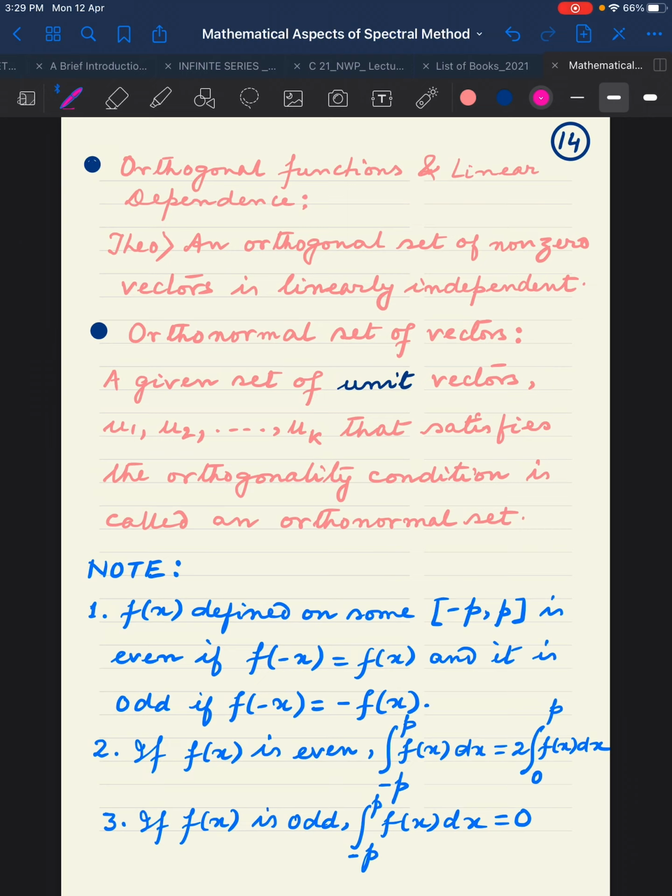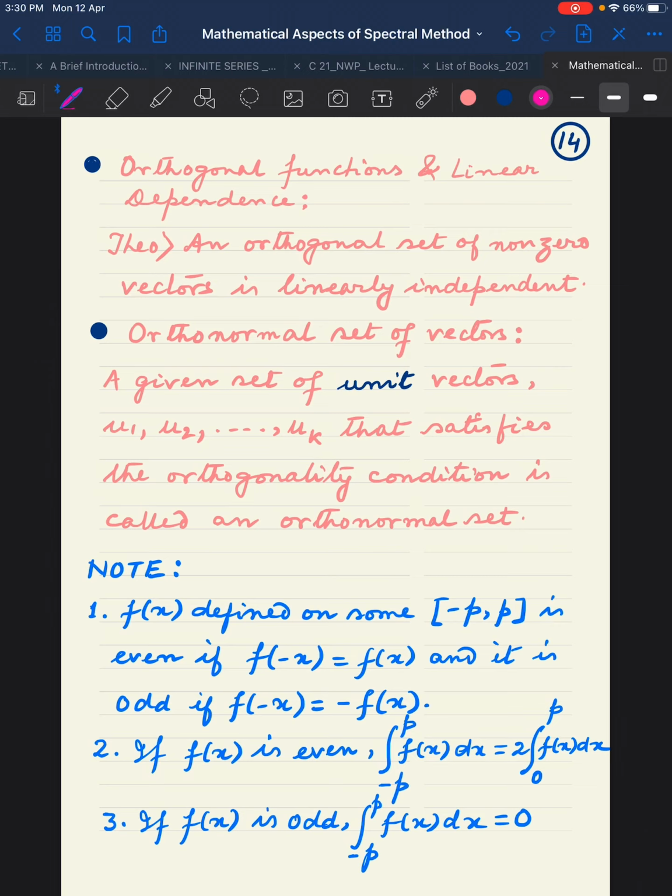An orthonormal set of vectors is a set consisting of unit vectors u1, u2, u3, ..., uk that satisfies the orthogonality condition.